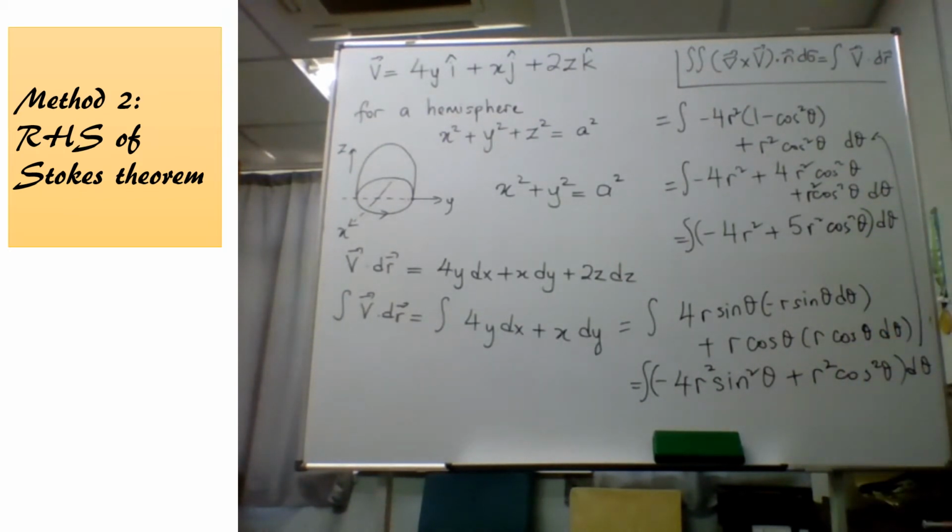Sorry, I missed something there. So now we still have a little bit more work to do. Here you have minus 4r squared, here you have 5r squared cos squared theta.